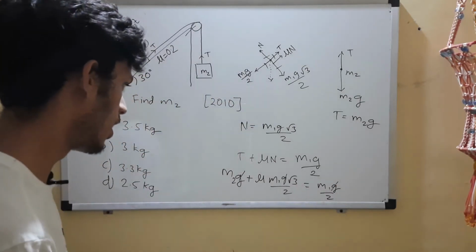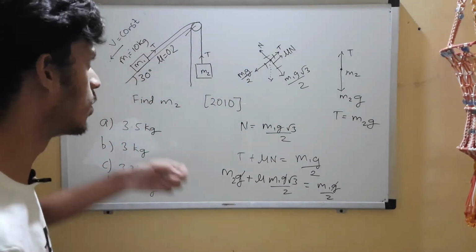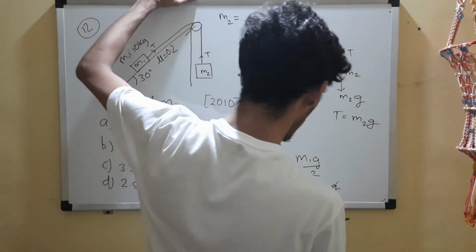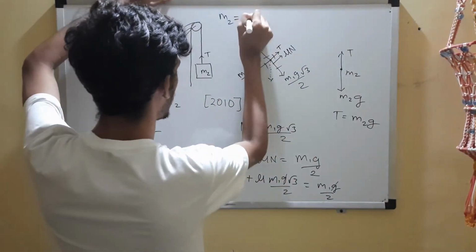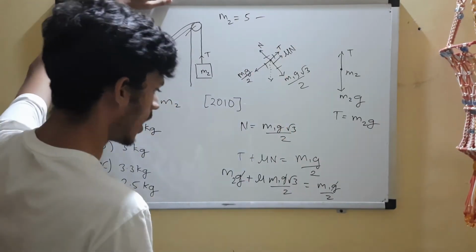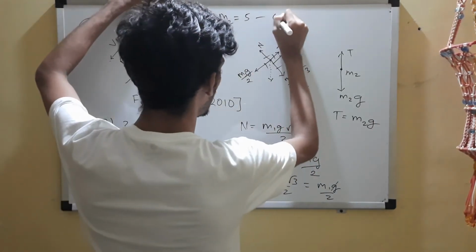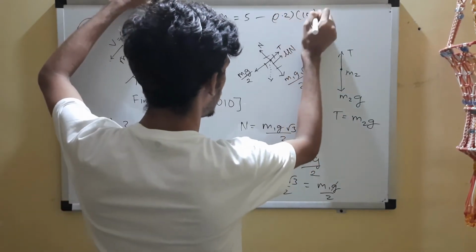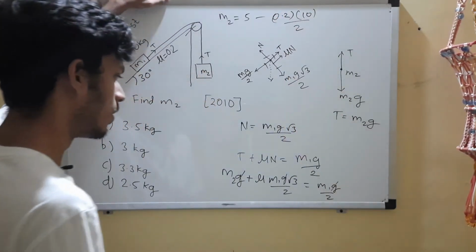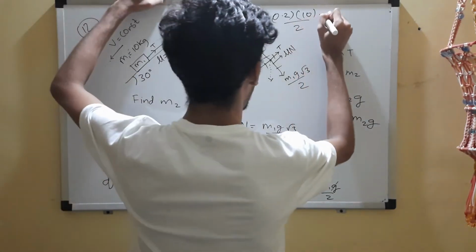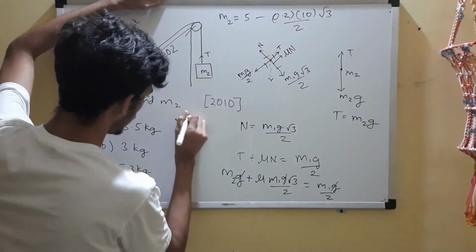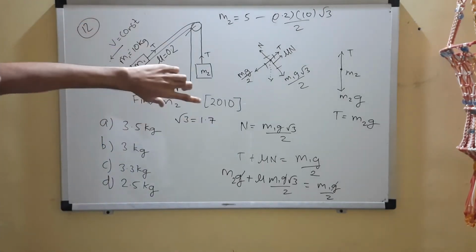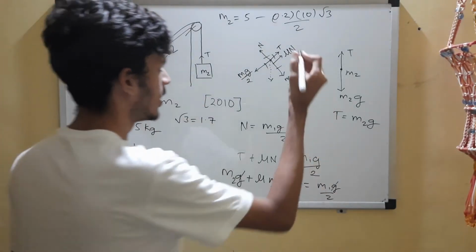Now let's solve it for m2. We want m2. So m1 by 2, 10 by 2, that is 5, minus this will go on the other side. So you have mu, which is 0.2, into m1, 10 by 2, into root 3 also. Now an approximation was given in the question, I forgot to mention this. Take root 3 as 1.7, just an approximation.